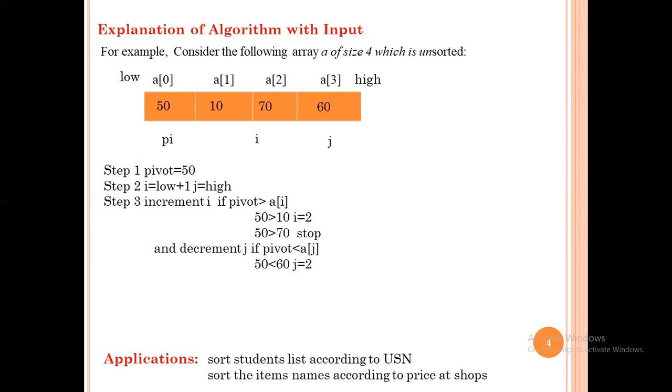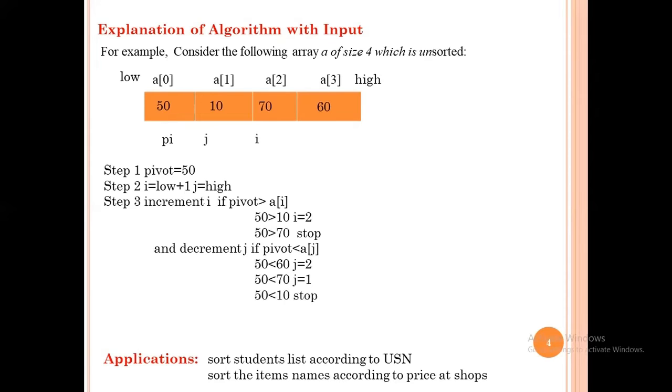Condition is true, therefore decrement j. Now j is pointing to 2. Next, once again compare pivot with A of 2. 50 less than 70. Condition true, therefore once again decrement j value. Now j is pointing to index value 1.